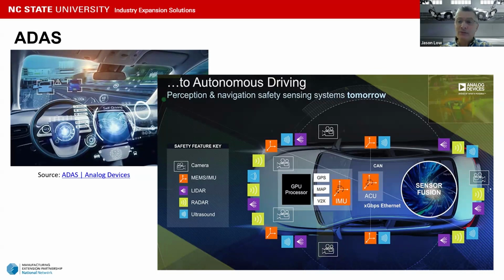So this is really state of the art. 28 sensors here. As you can see, there's cameras, there is ultrasonics, there's radar and LiDAR. So these are things that are very relevant to today's automobiles and will be for many years to come.